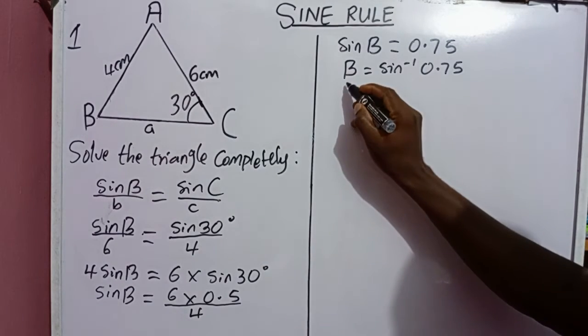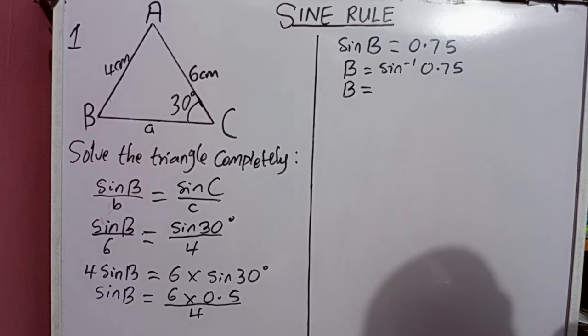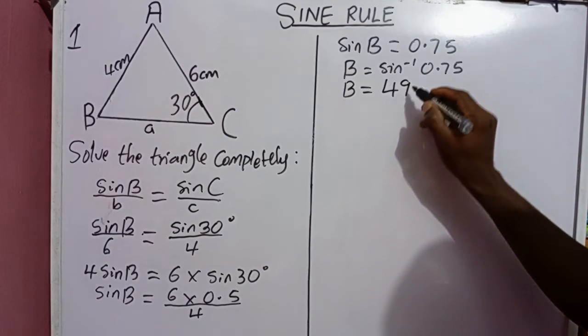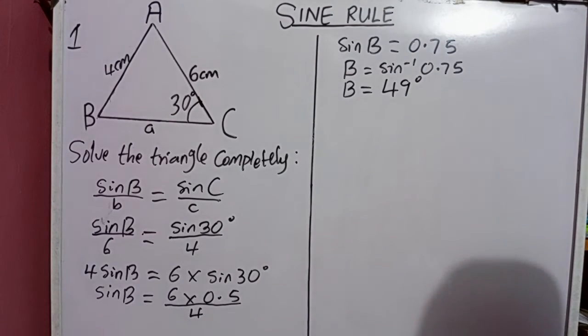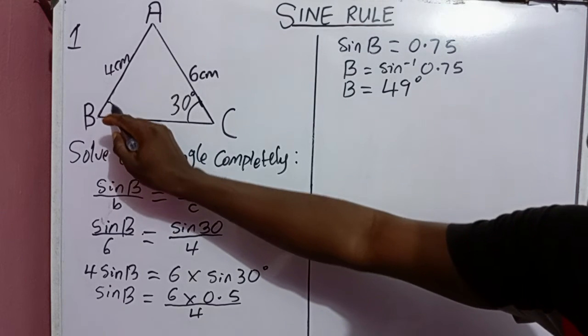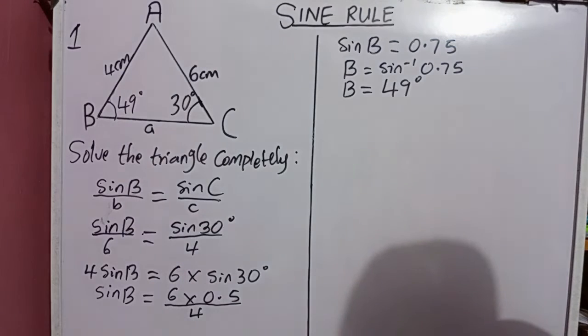Then B, to the nearest degree, gives us 49 degrees. Now we have found angle B to be 49 degrees.